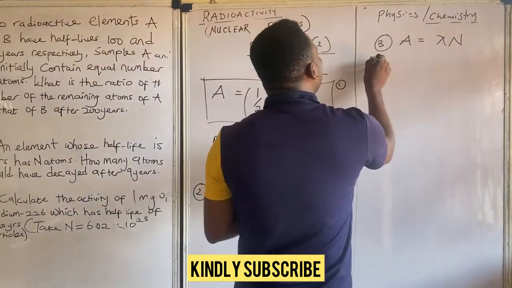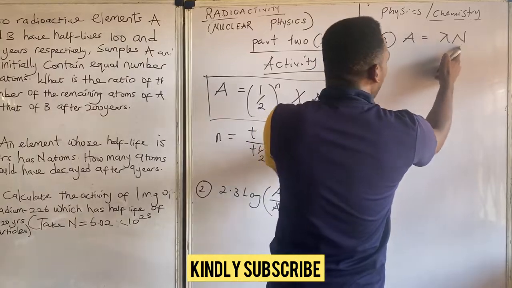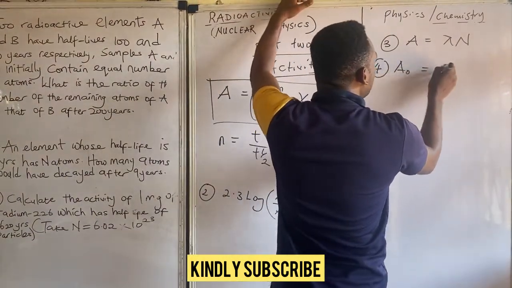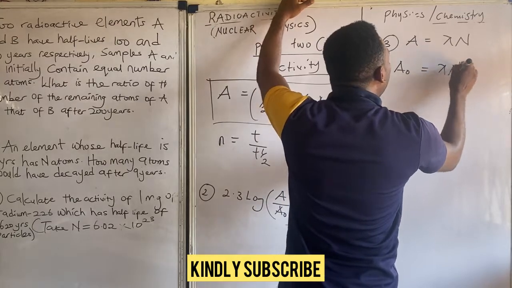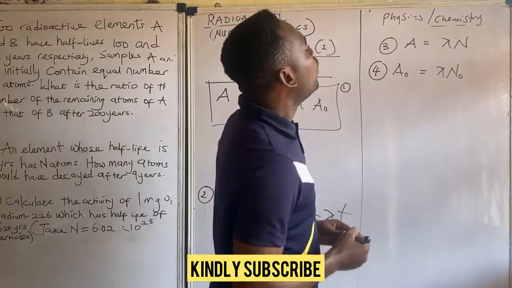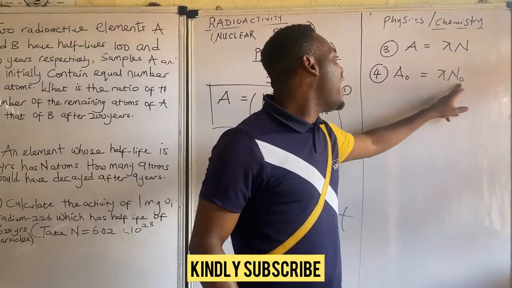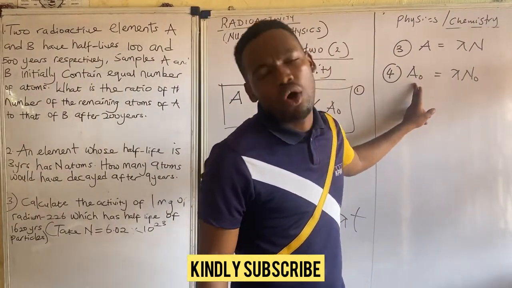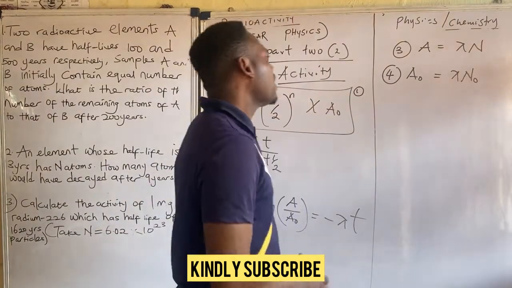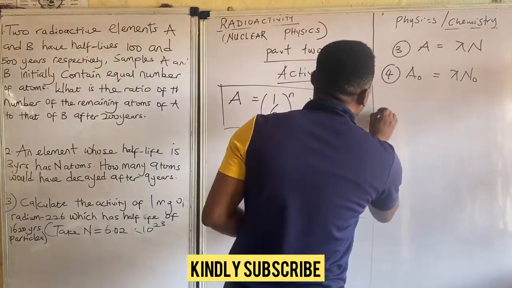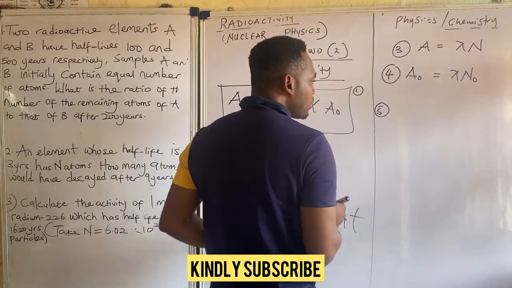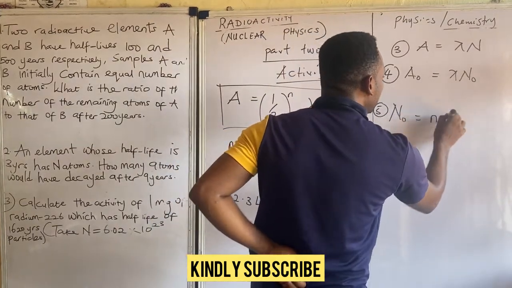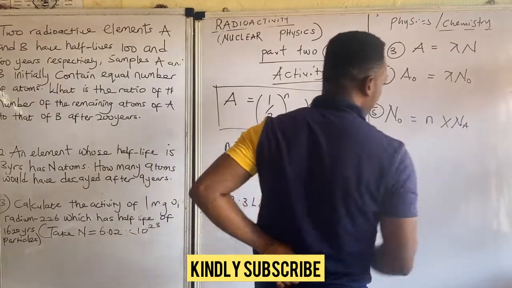Meaning that if I rewrite this, if I'm to put N naught here, what will A be? A naught, of course. So A naught will be equal to what now? Lambda N naught. Lambda, decay constant. N naught, original number. A naught, original activity or initial activity. Now look at formula 5, very, very important. Under activity, N naught is equals to N multiplied by NA.